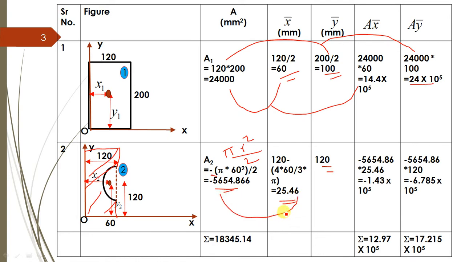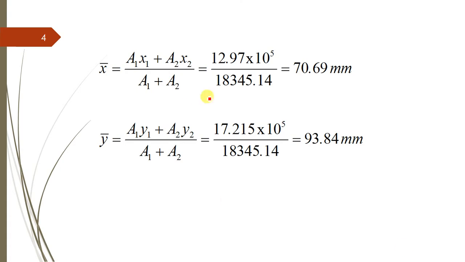Multiplication of these two will give you these values. So summation of a1 x1 is 12.97 into 10 raised to 5, a1 y1 is 17.215, this is your summation of ay. Then substitute the values in the equation. Summation of ax divided by summation of a will give you x bar, that comes out to be 70.69, and y bar is 93.84.